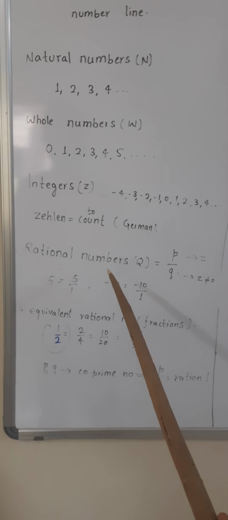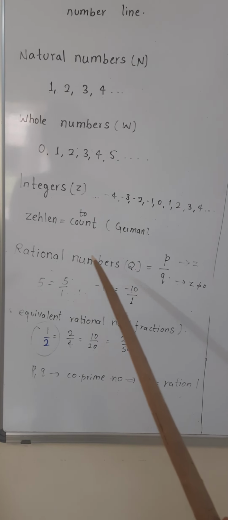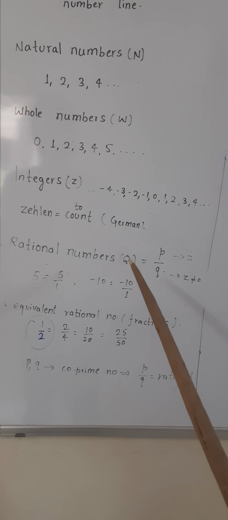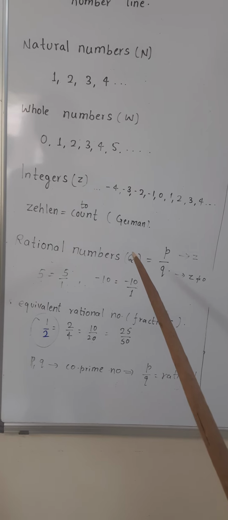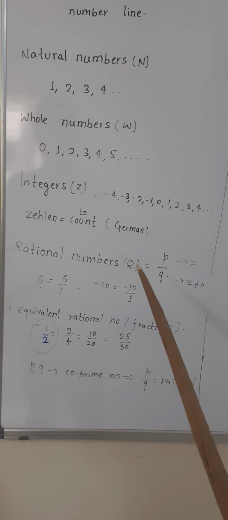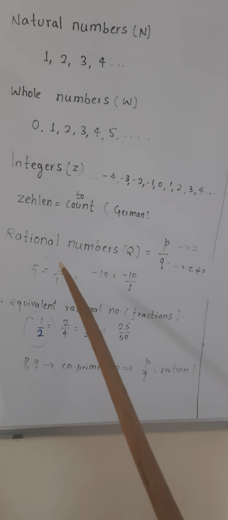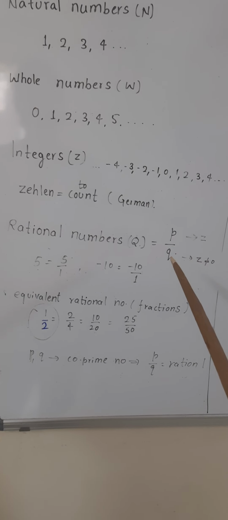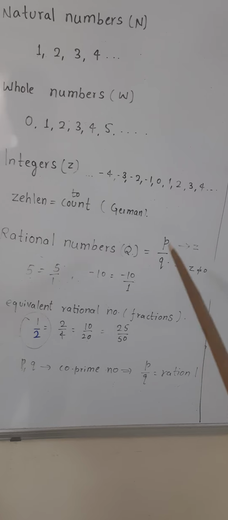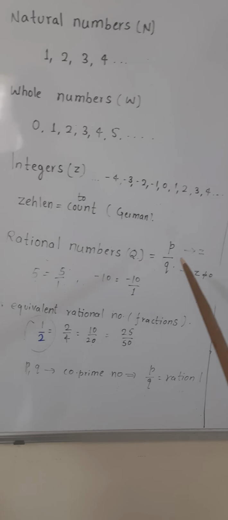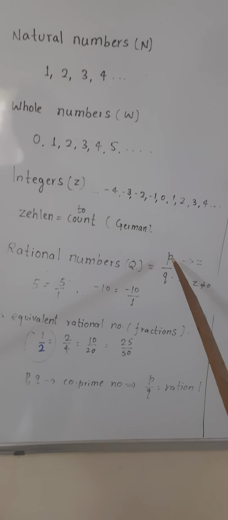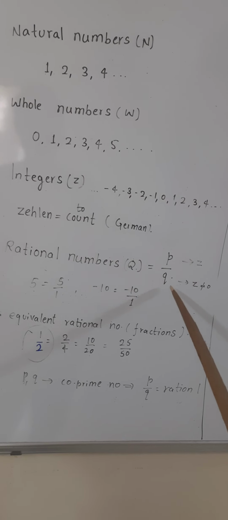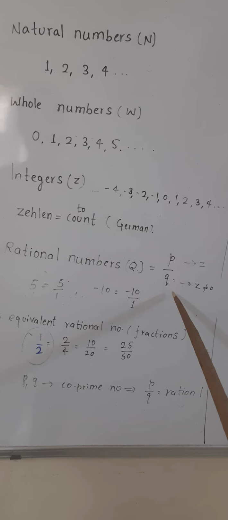Rational numbers are represented by the capital Q, and they are in the form of P divided by Q, where P is the numerator and Q is the denominator.